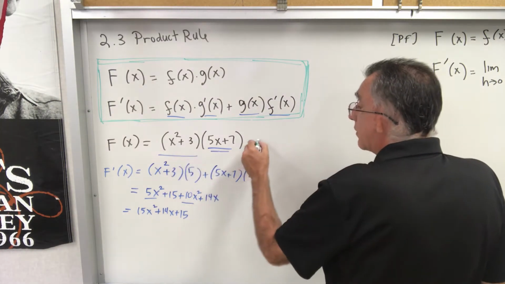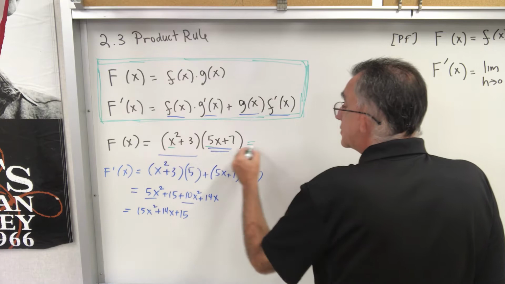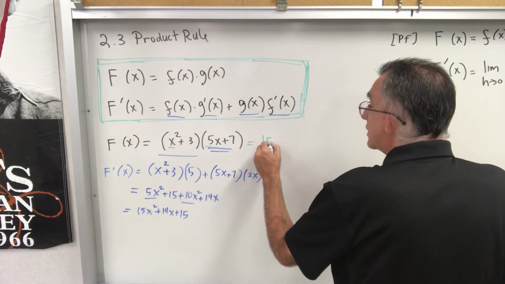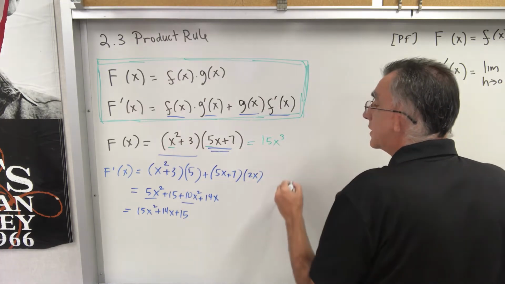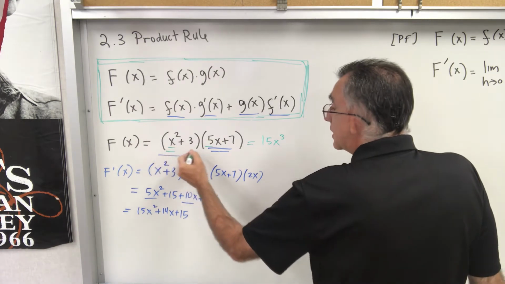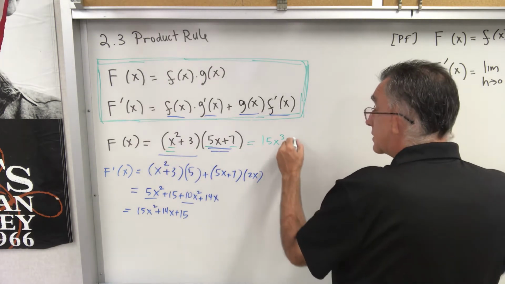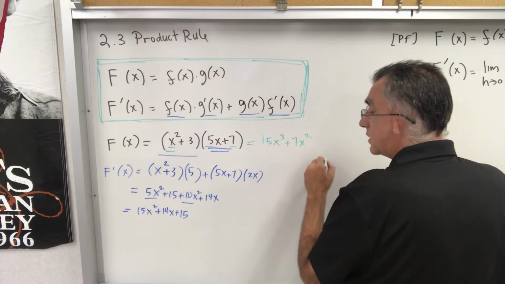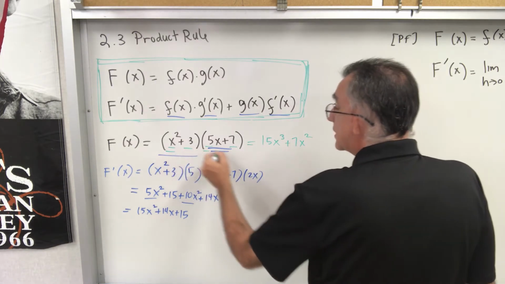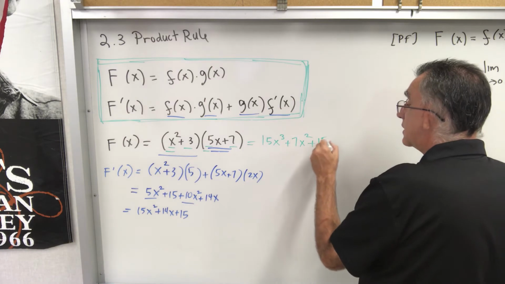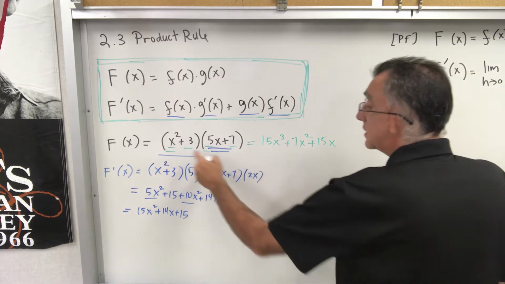You could FOIL it out. First times first. I just want to show you what you might be thinking. Outside times outside plus 7x squared. Inside times inside, 15x.